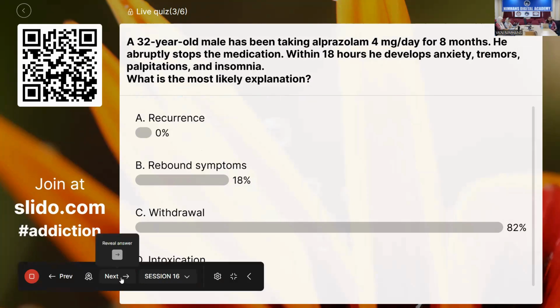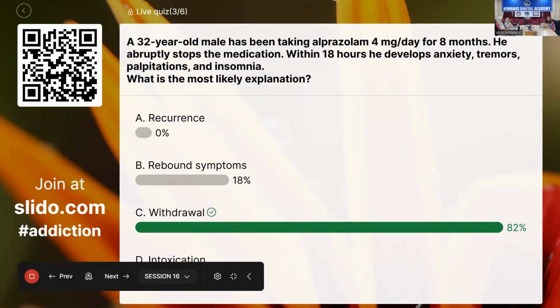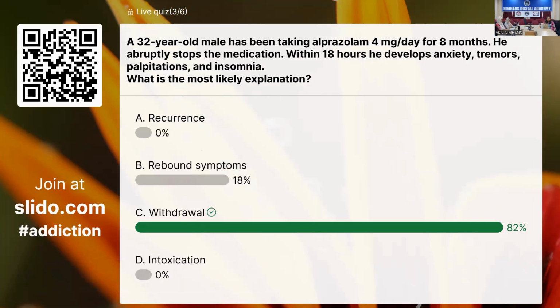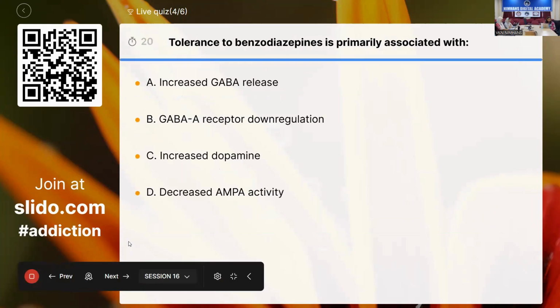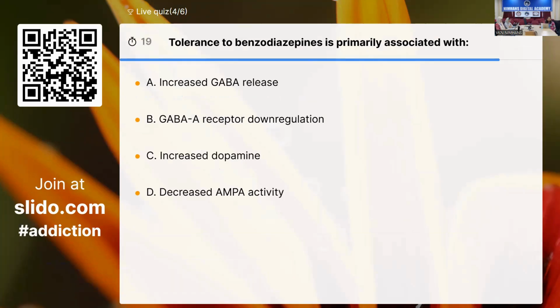Withdrawal. This is the presentation of the withdrawal symptoms. After sudden cessation, the emergence of these symptoms is called the withdrawal symptoms. Okay. Can we move to the next question? Tolerance to benzodiazepine is primarily associated with?